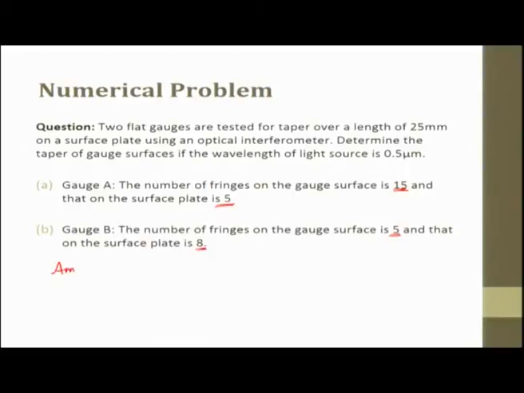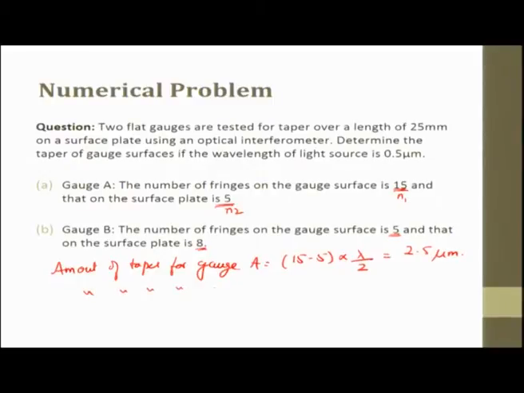The amount of taper for gauge A is equal to 15 minus 5, that is n1 minus n2, into lambda by 2, which is nothing but 2.5 micrometer.